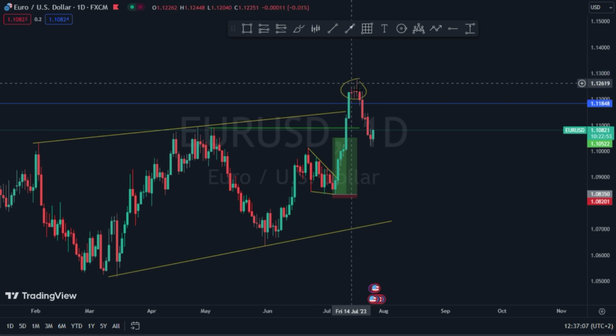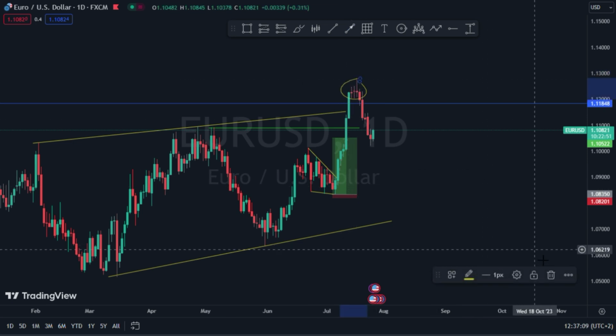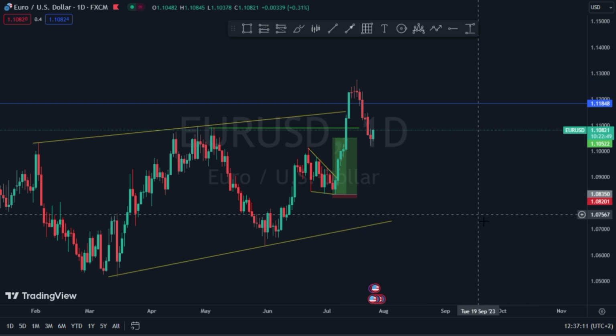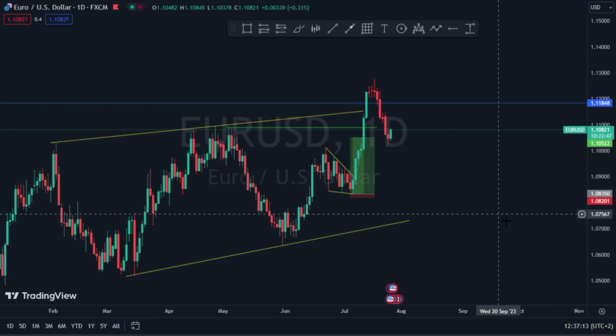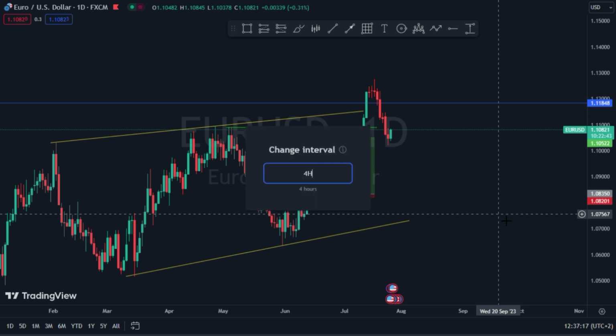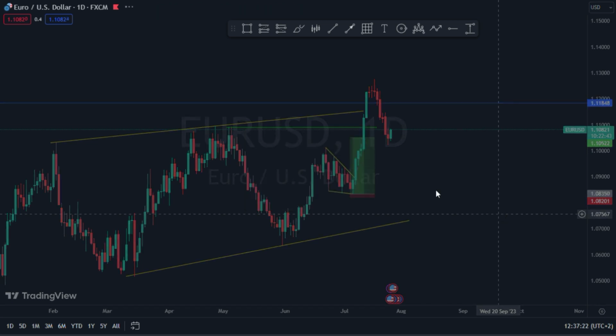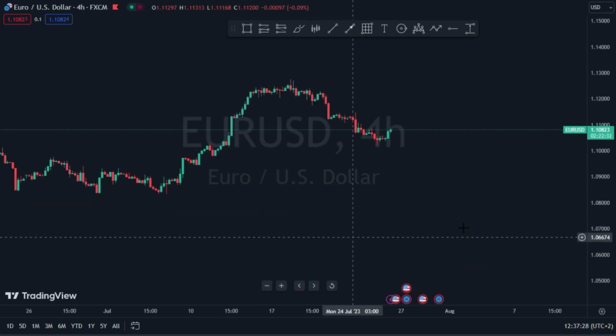So with that being said, the market has given that candlestick pattern to indicate market reversal, right? Now I'm just gonna go onto the 4 hours time frame. When I get onto this 4 hours time frame, I want to see how the market was behaving on those candlestick rejections.